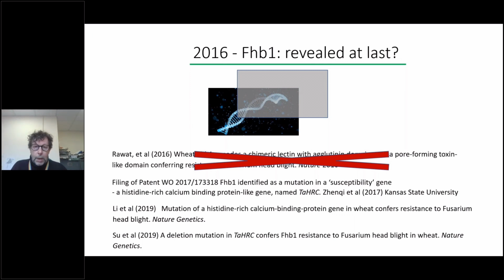And personally, I believe we may still have identified the wrong gene, but that's something for another time. But it just demonstrates how it's taken researchers across the globe about a couple of decades now in order to go from knowing about a gene to actually identifying that gene and being able to give the breeders tools with which they can handle that resistance.